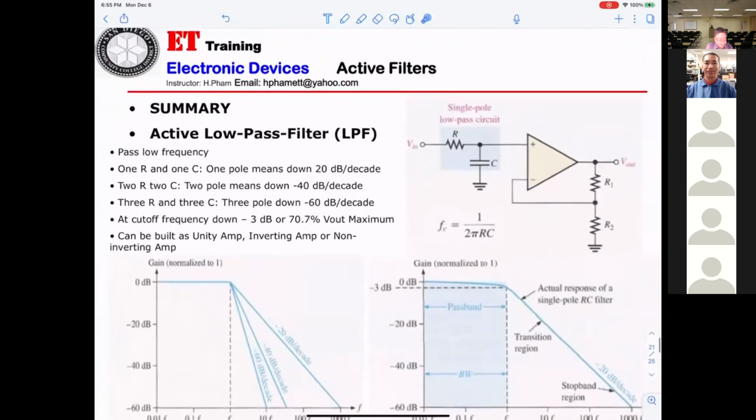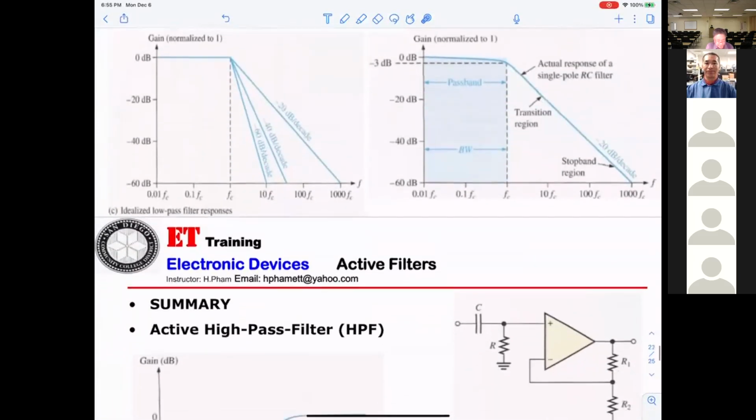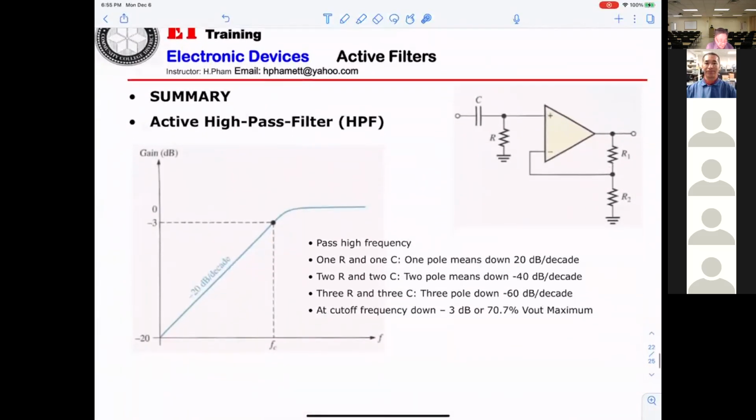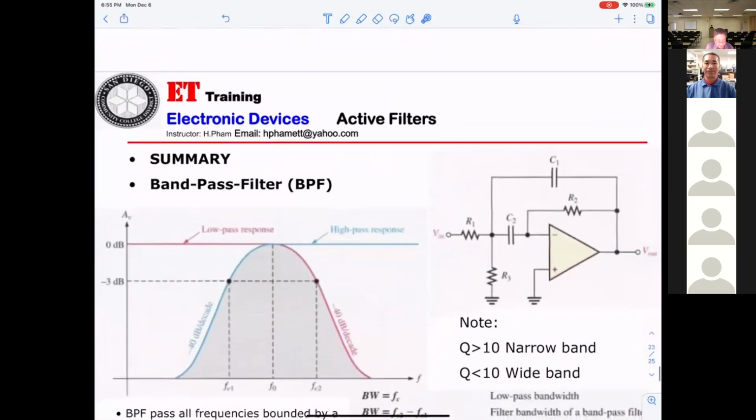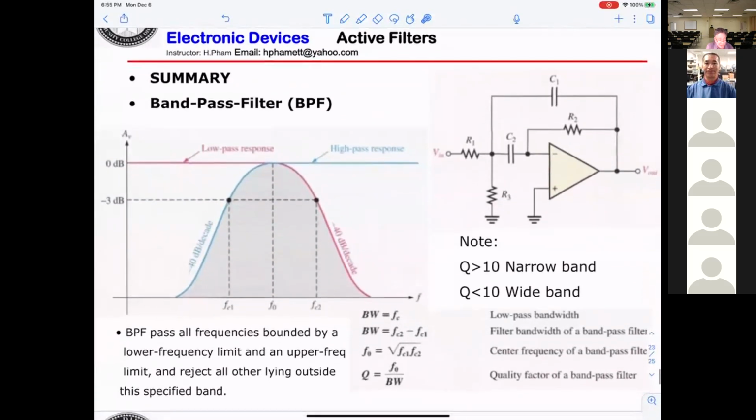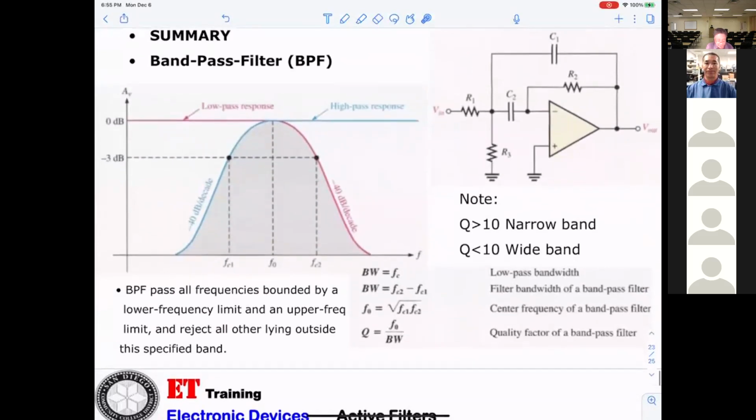Okay, so this is just more detail for you to look into, okay? And it also has the active high pass, and you can read it. We don't have to go through it. Now, the only thing I just want to talk about is this part here.